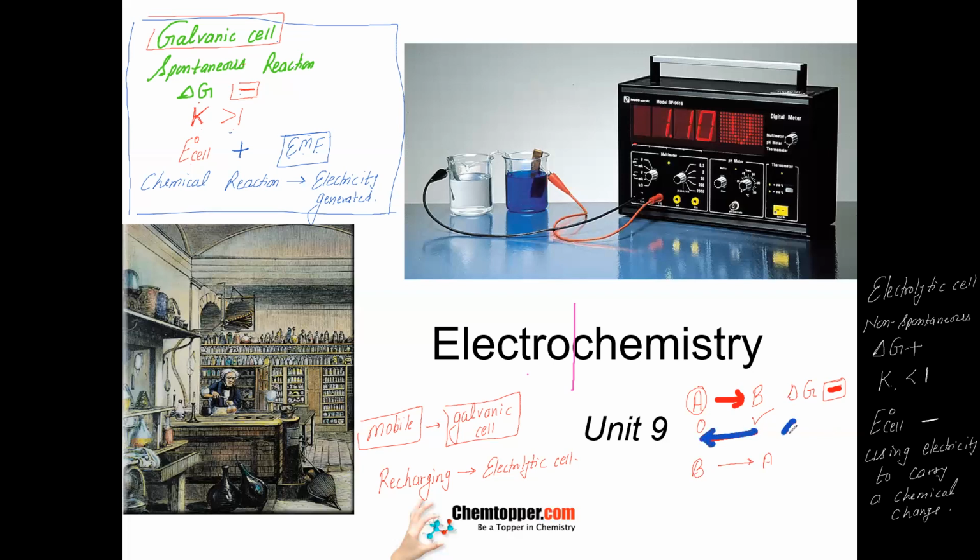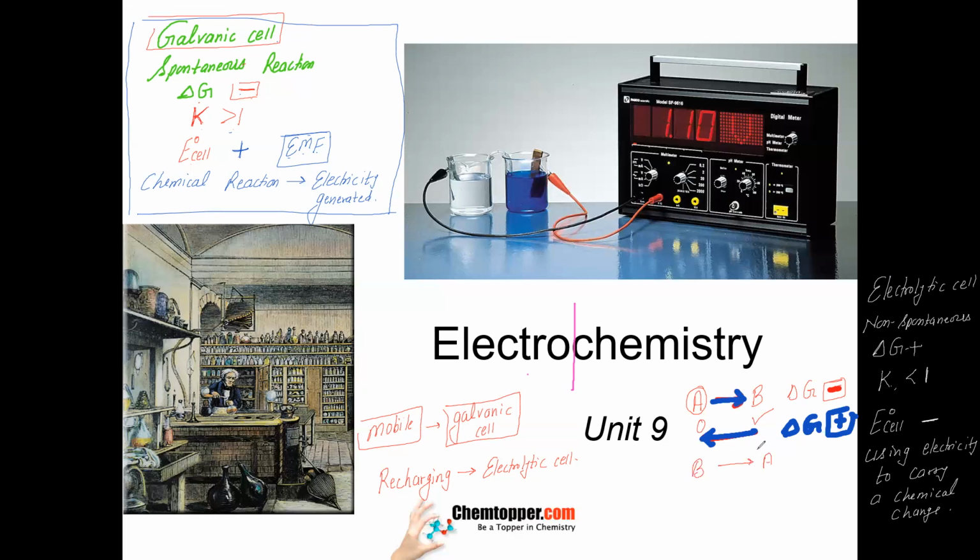What is delta G for the reverse? Positive. A reaction which is spontaneous in the forward direction is non-spontaneous in the reverse direction.